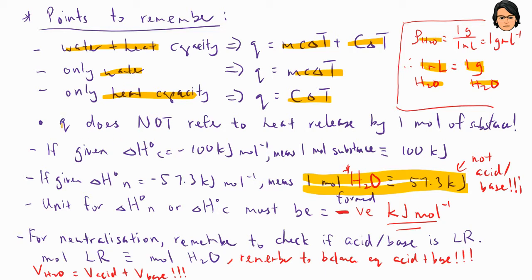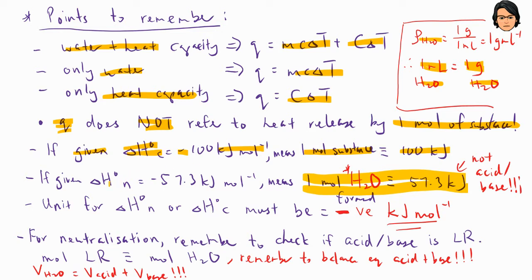When you calculate Q equals mcΔT, it does not refer to the heat released by 1 mole of substance. If you are given the enthalpy of combustion, the unit must be kilojoule per mole, meaning 1 mole of substance releases, say, 100 kilojoule. You will use this information to help you solve other problems.